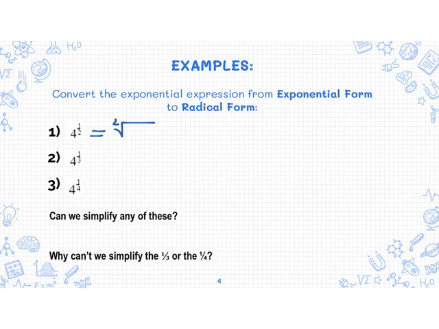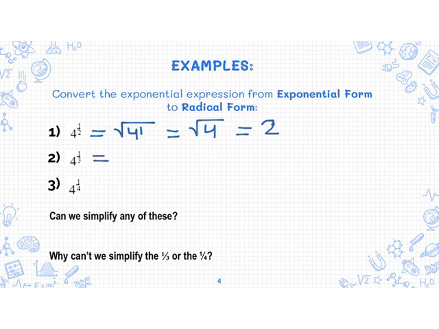We'd normally not write that 2, so I'm going to eliminate it, which if we just have that square root, that means it has an invisible 2. Then we have the 4 to the 1 power. And we don't typically write a 1 with a little invisible thing. That's why I keep asking you guys what's that invisible value there. So we have just the square root of 4. Okay. Hopefully a lot of you guys know that square root of 4 would actually break down to 2. That is a perfect square.